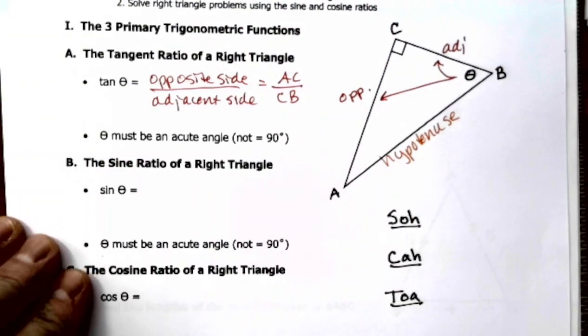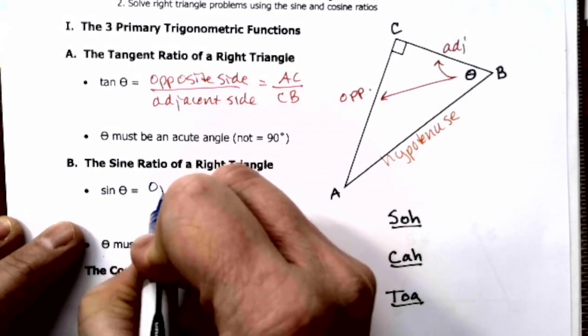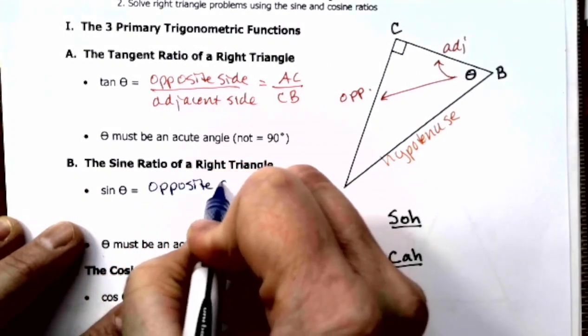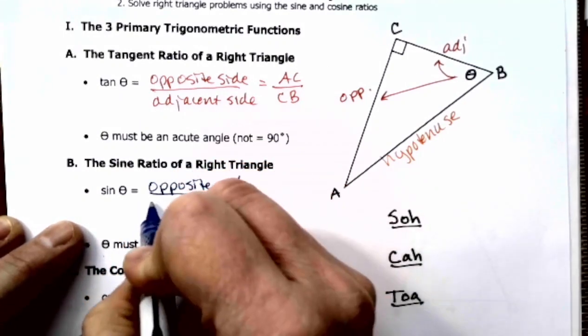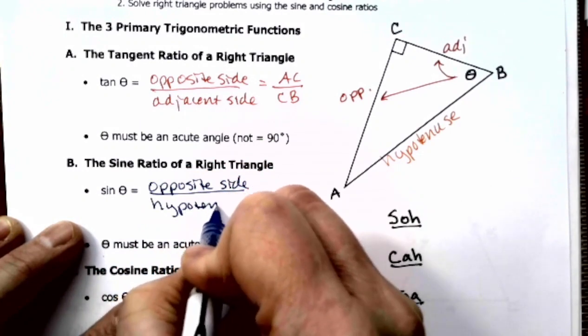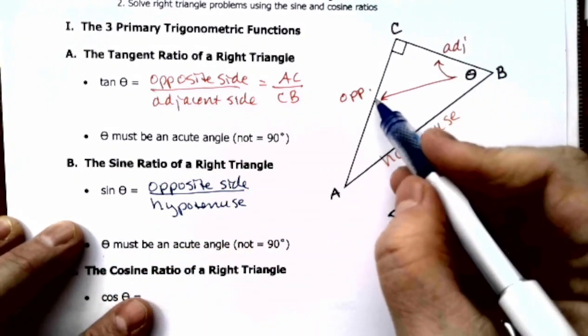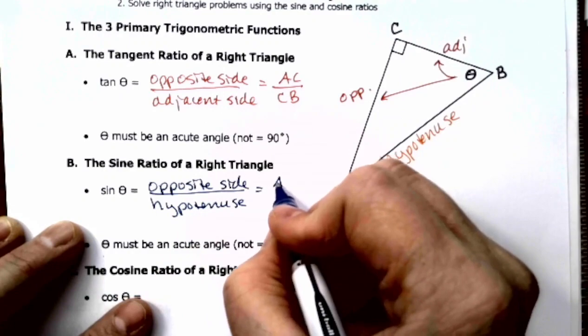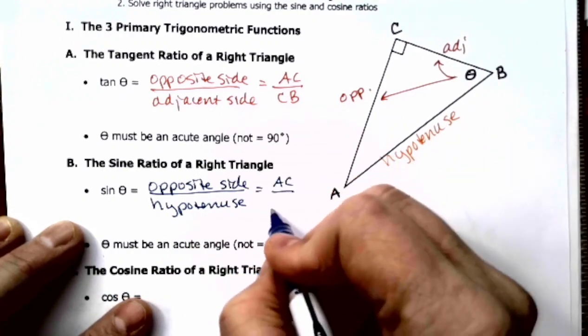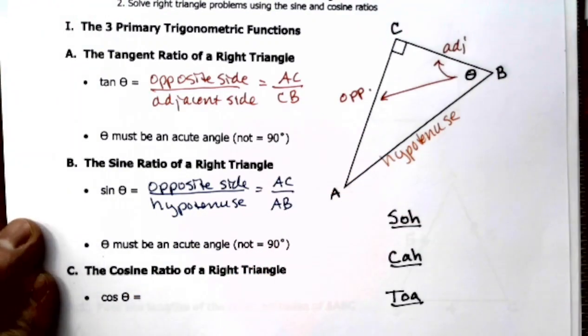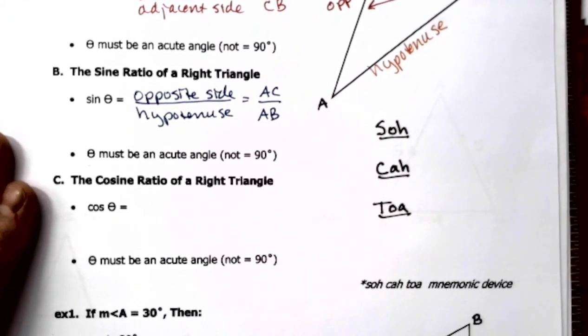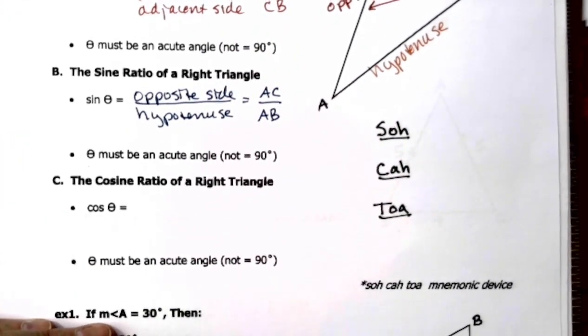So sine of theta is the opposite side over the hypotenuse. So the opposite side is AC. My hypotenuse is AB. All right, now cosine.